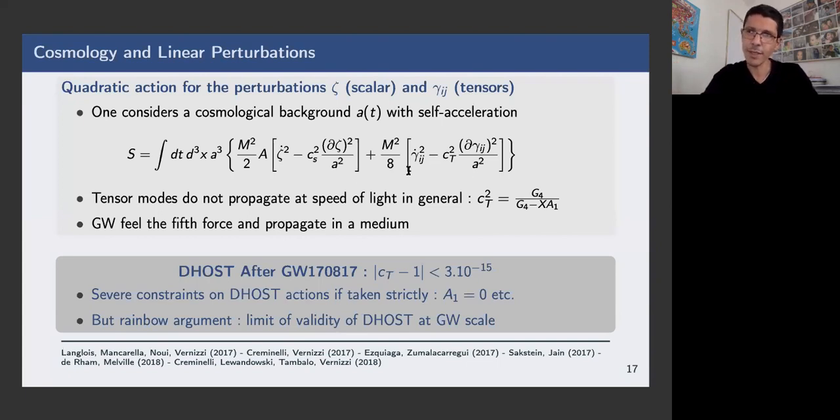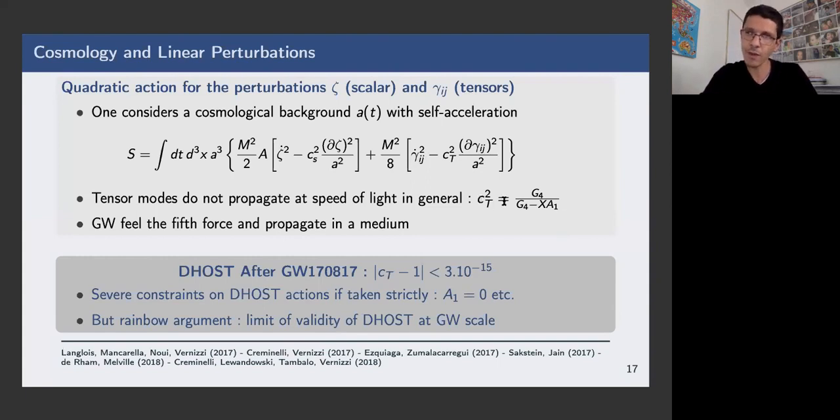One important consequence is that the tensor modes do not propagate at the speed of light in general. In fact, you can compute ct square in terms of the functions entering in the DHOST theories, and ct square is given by this formula. So you see, you have something which is not 1, obviously.